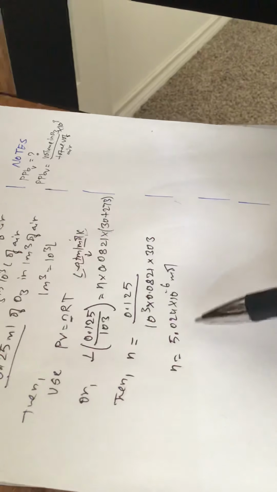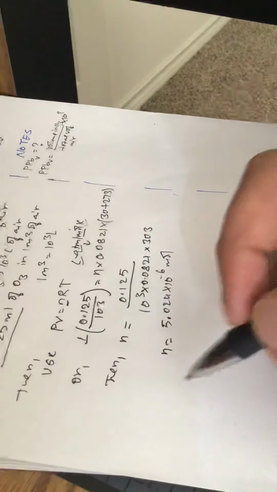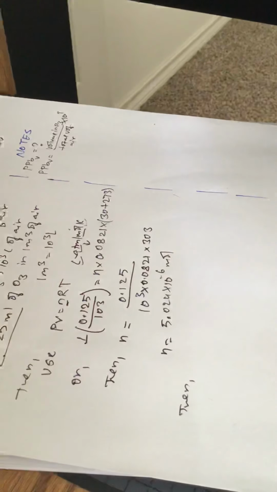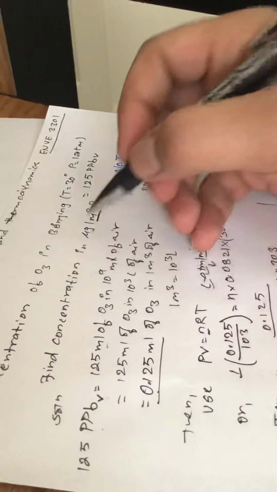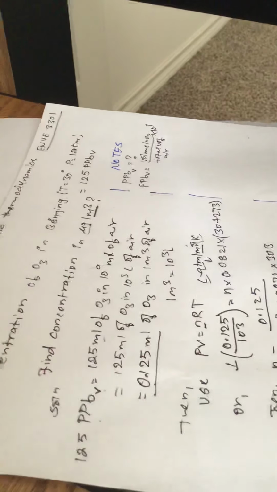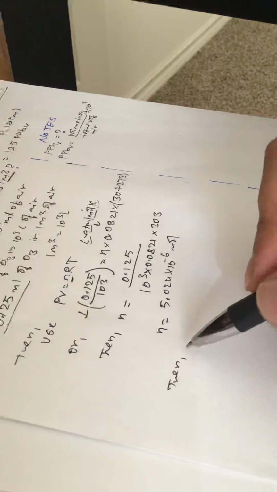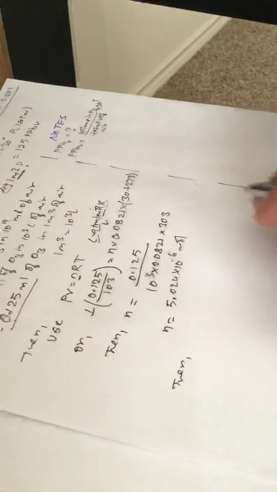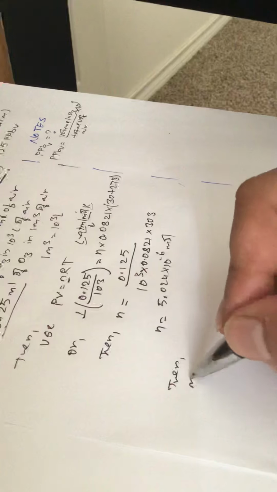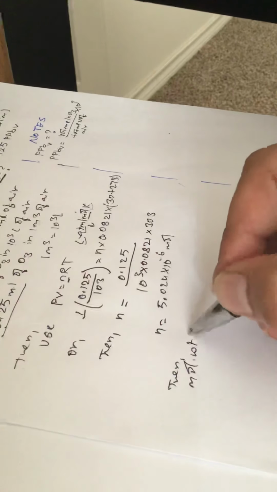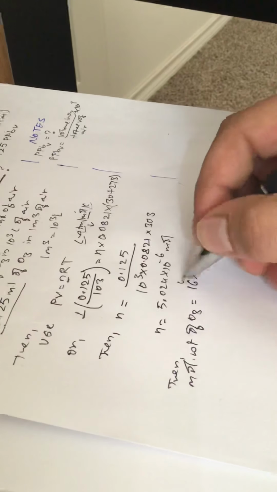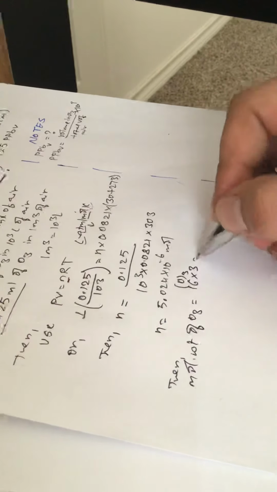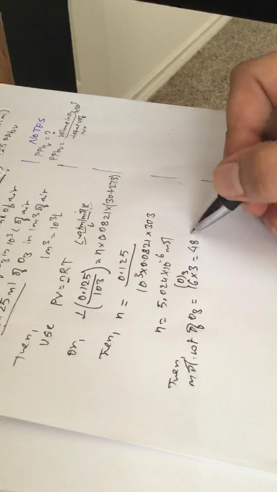So this is the number of moles of ozone present in the air. Then we have to find the mass. Since we have to find the concentration in microgram, let's find the mass of O3 present in the air. The molecular weight of O3 equals 16 times 3, oxygen times 3, equals 48 gram per mole.